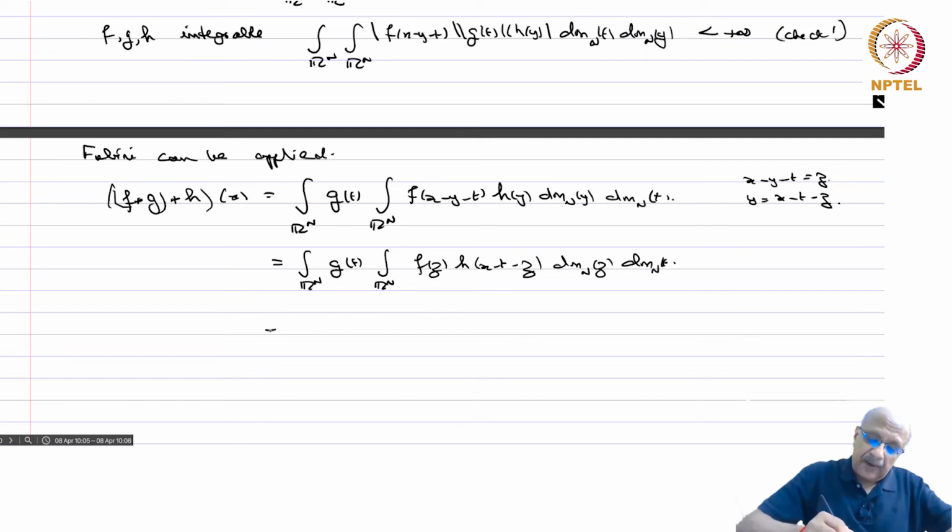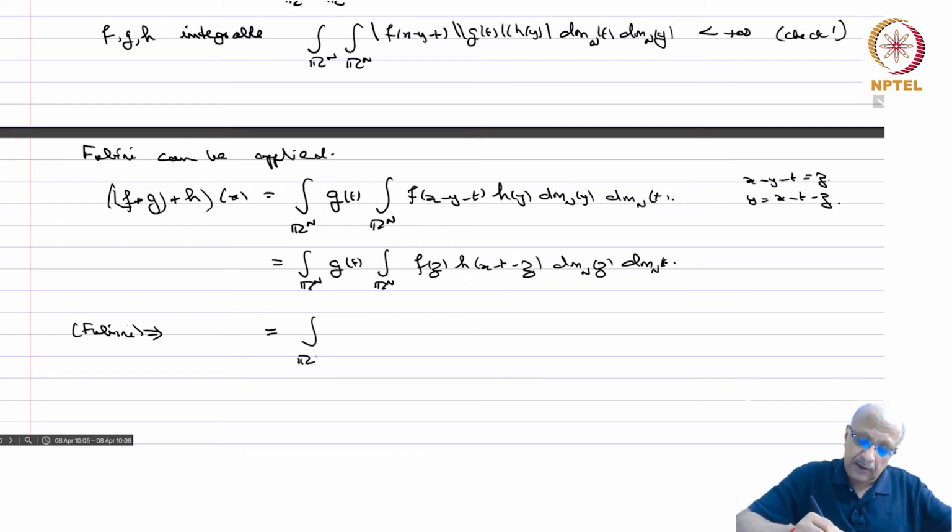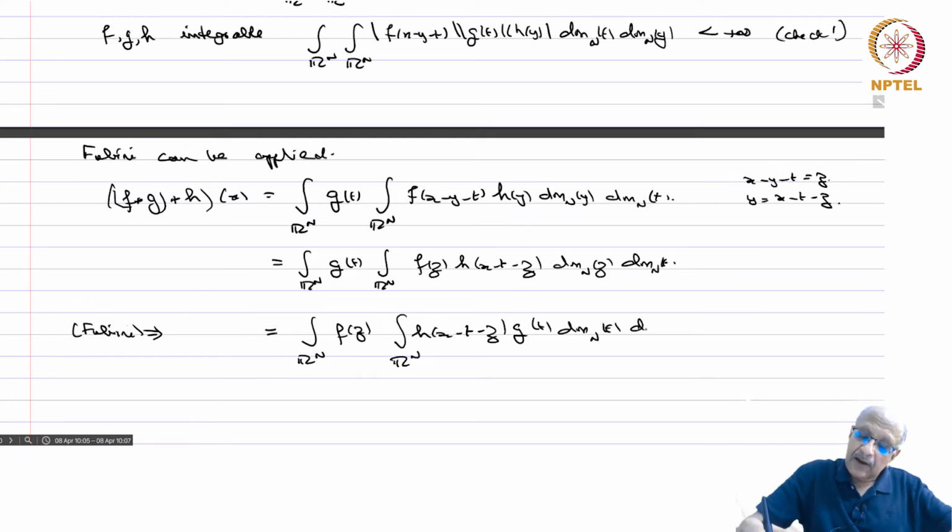Once again we apply Fubini. So again Fubini: the integral over R^n of f(z) I bring out, and then the integral over R^n of h(x minus t minus z) g(t) dm_n(t) dm_n(z).